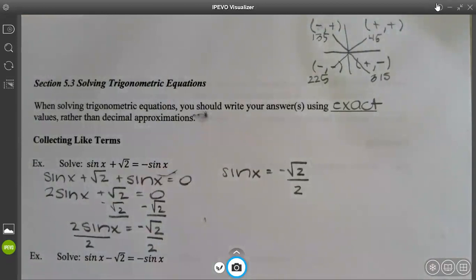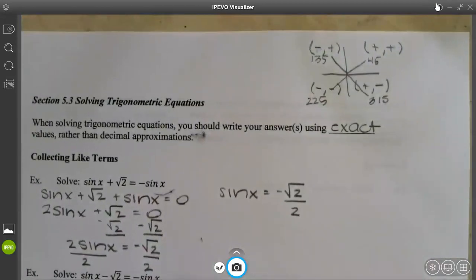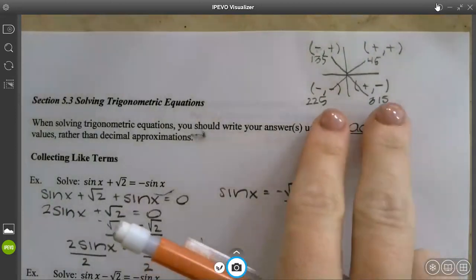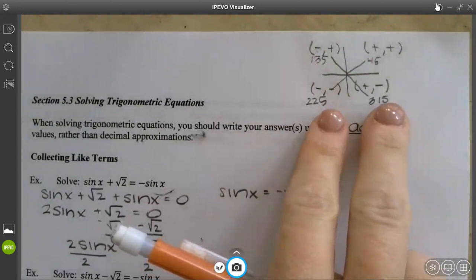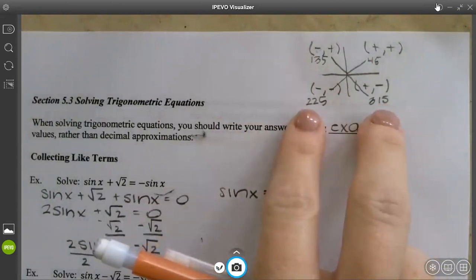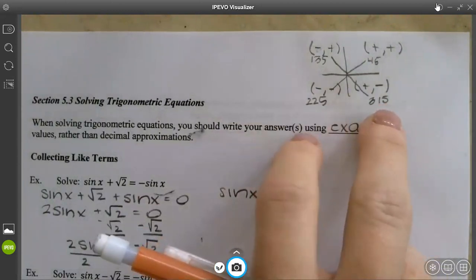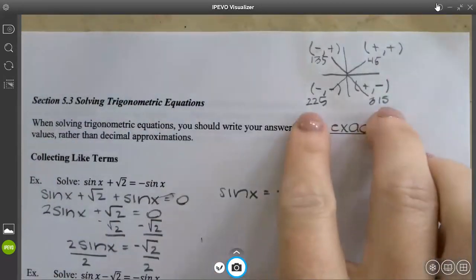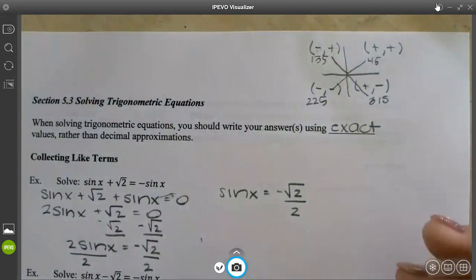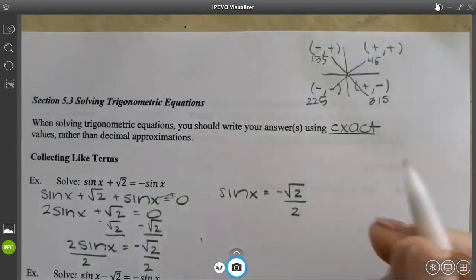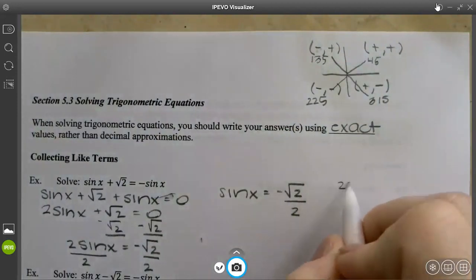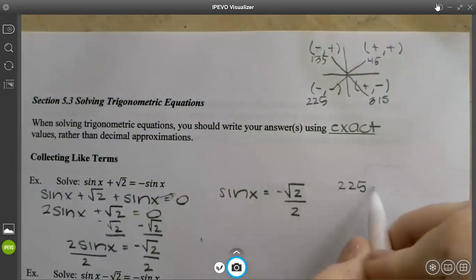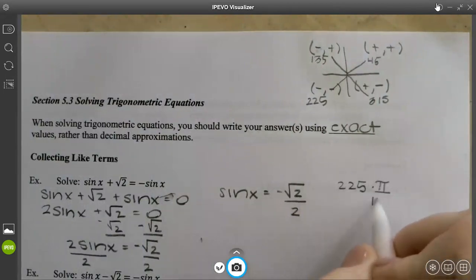All right. So where are my y values? Negative, in quadrants 3 and 4, right? That's at 225 and 315, but I need it in exact values, and remember, we don't really use degrees, we use radians. So how can I put this in radians? Okay, so I know it's 225 times pi over 180.